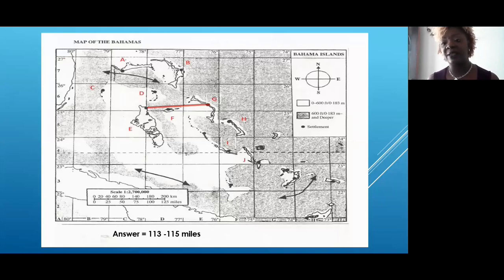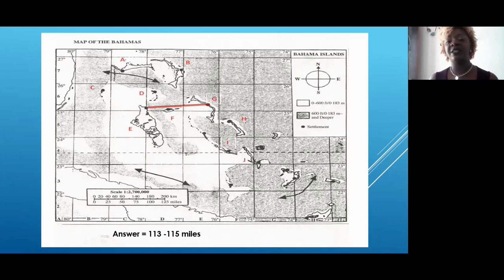It could mean that it's between, or it's a range of answers. So if you did your measurement and you got 113, it's very possible that you're on the right track. 114, yes. 115, yes. Now, in some cases, let's say you got maybe 112, that still doesn't mean you're wrong. That means you are still within that range of numbers.